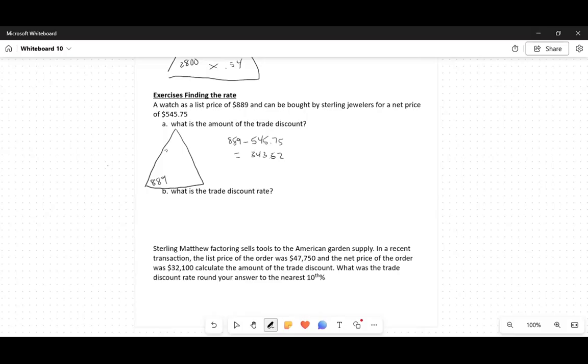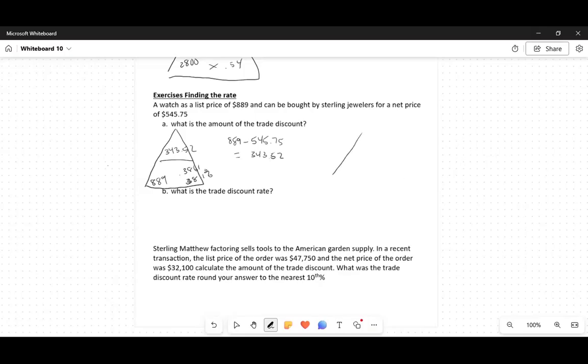I could have done it that way. And then I could divide 343.25 by 889, and that would give me a discount rate of 0.3861, or the same thing as 38.6%. That's one way to do it.